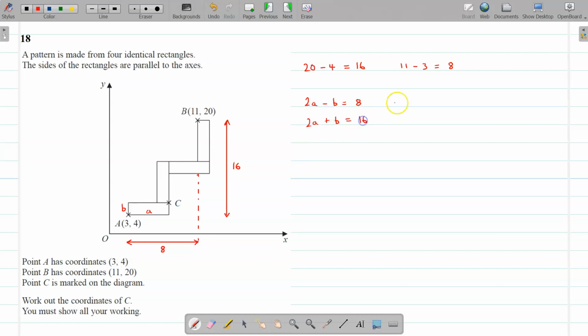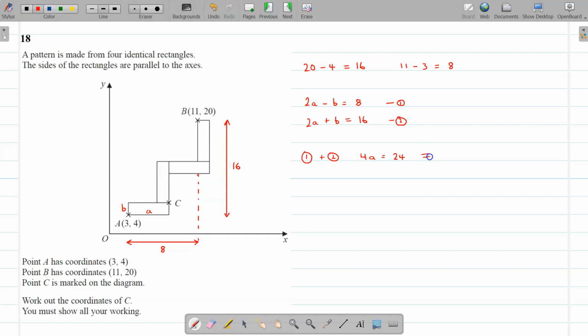Okay, now if I take those two equations and add them together, if I call them equation 1 and equation 2, 1 plus 2 will give me 4A equals 24.